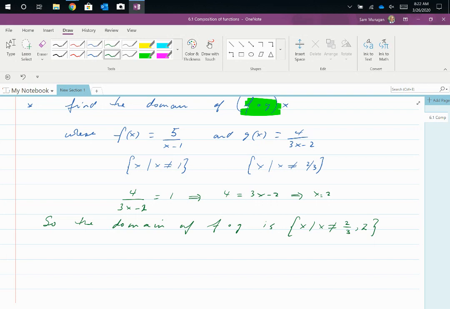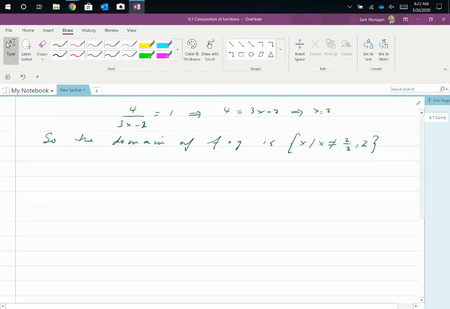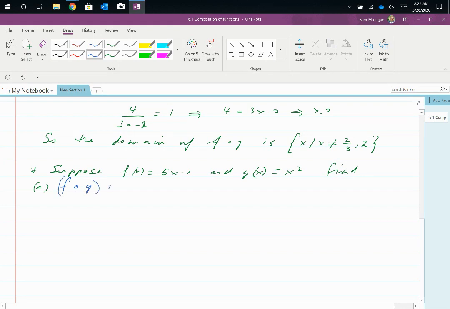Also want to make sure that we know how to evaluate functions. So I'm just going to do a quick example here. Suppose, say, f of x equals 5x minus 1 and g of x is equal to 3x squared. Find f composed of g substituted with 1.